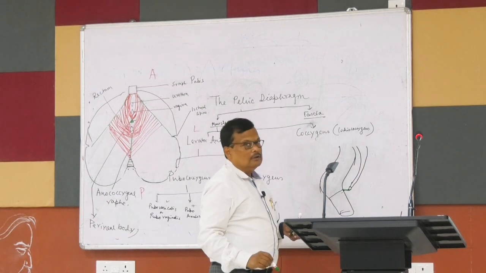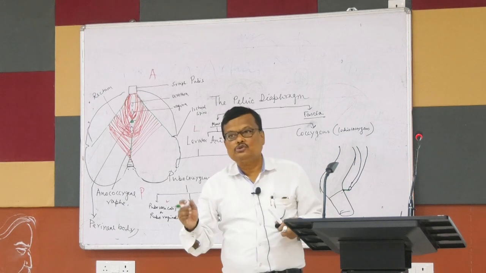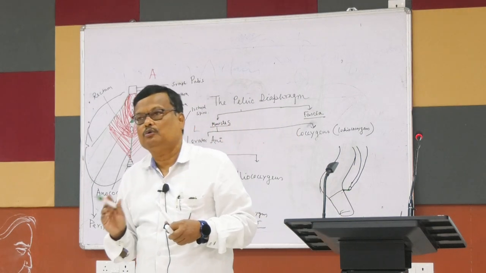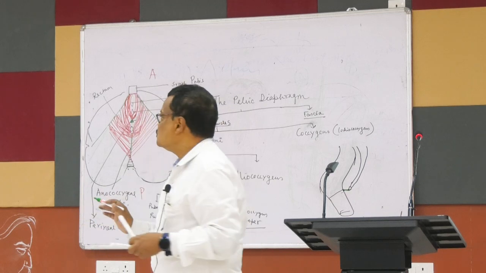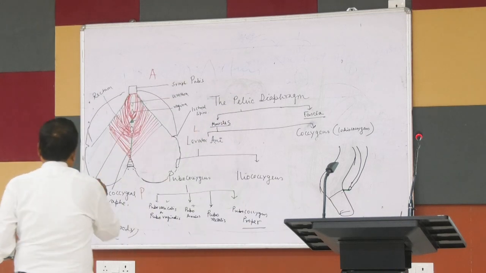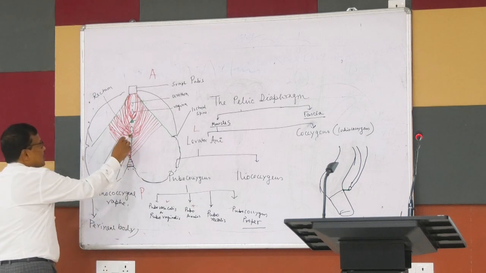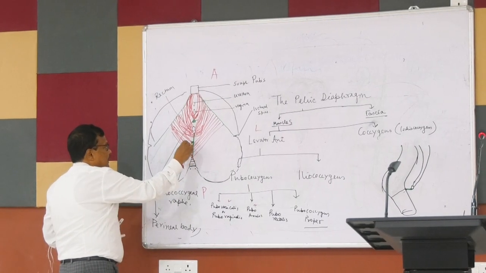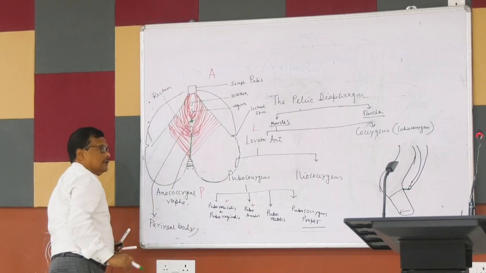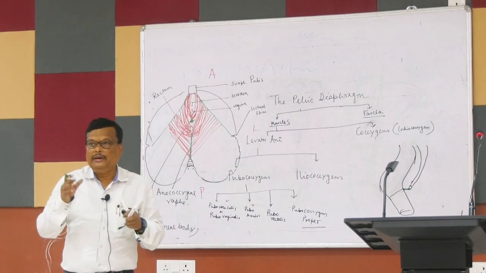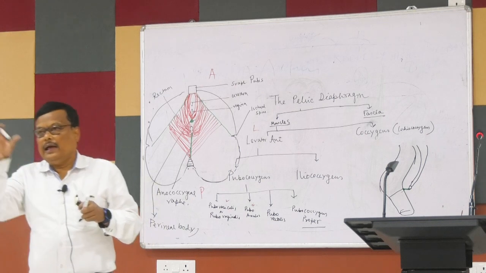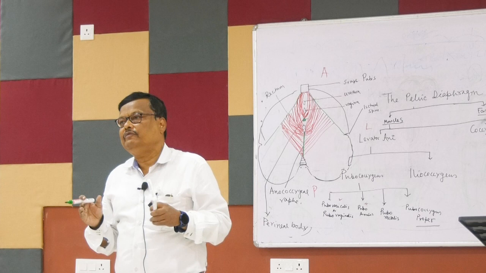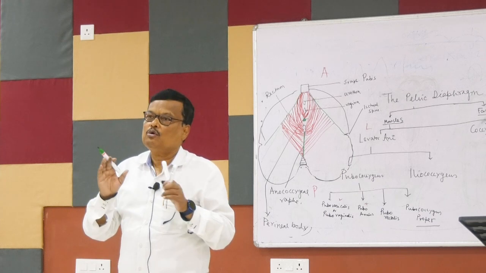The iliococcygeus, ischiococcygeus and coccygeus muscles also take part in the formation of the anococcygeal raphe. So it is a band starting from the tip of the coccyx to the anorectal junction, known as the anococcygeal raphe.